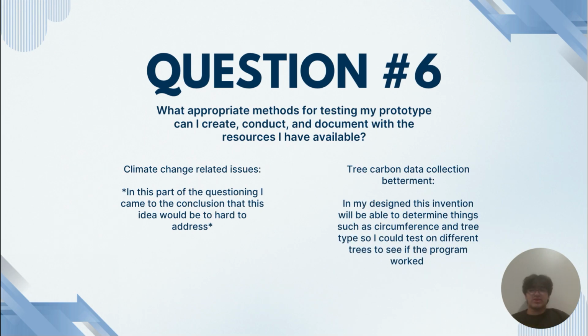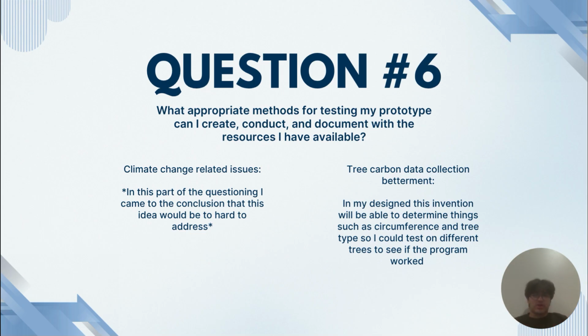Question number six: what appropriate methods for testing my prototype can I create? For climate change, I said it would be really complicated to get data for the prototype in this manner. It would be really hard to test it, so I said scrap the idea.